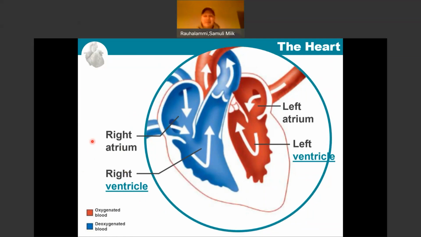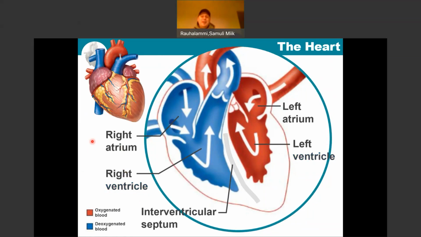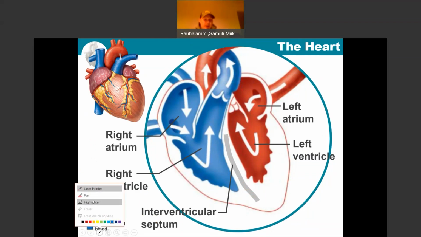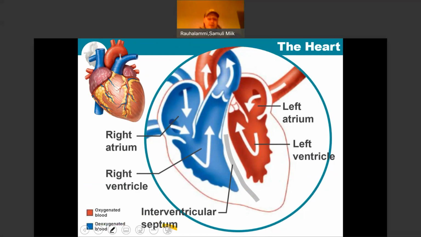So that was a quick revision of what we just learned with a little bit more anatomically correct diagram. A couple of parts that I do like asking my students is the wall that separates the two ventricles, and the clue is in the name, interventricular septum. Septum in anatomy refers to a wall of some kind.